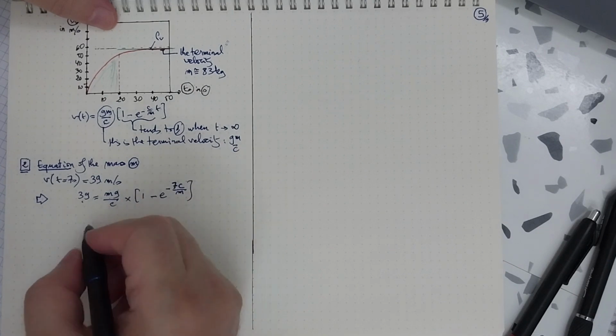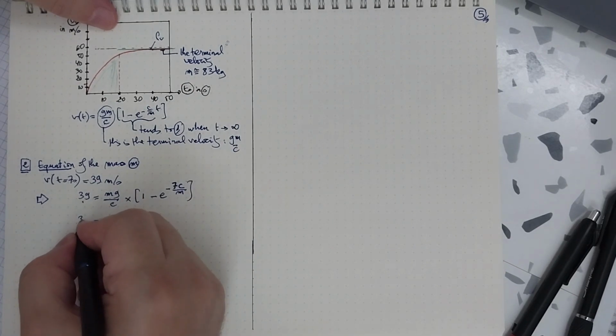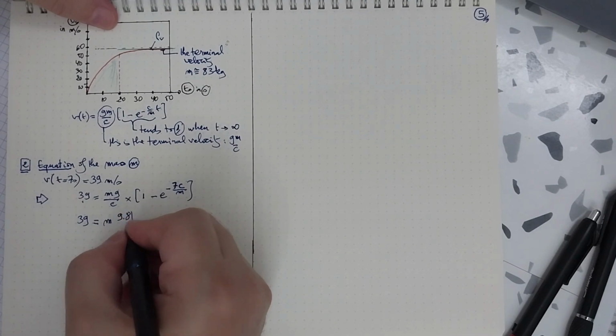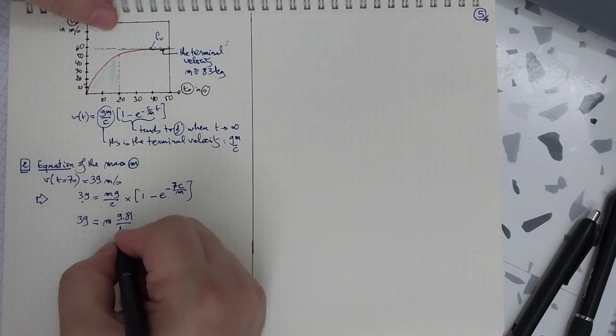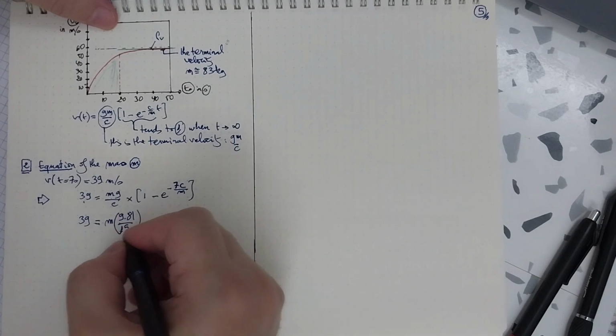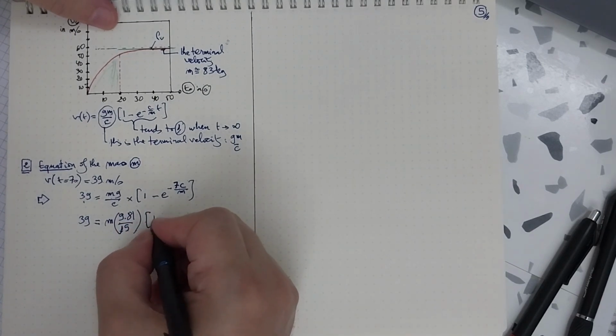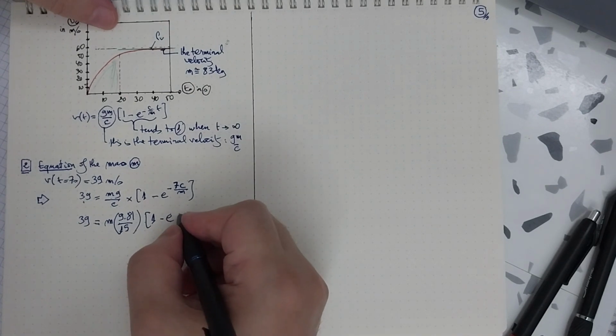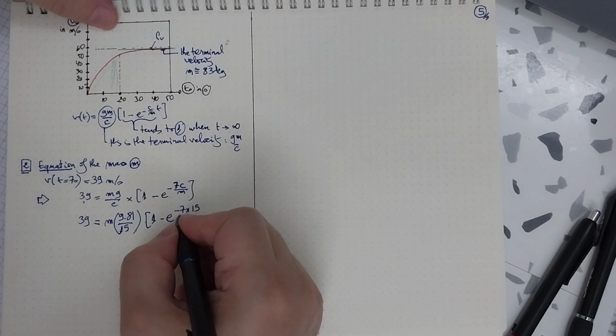And we know g and c, so we have here 39 equals m times 9.81 over 15 times 1 minus e to the minus 7 times 15 over m.